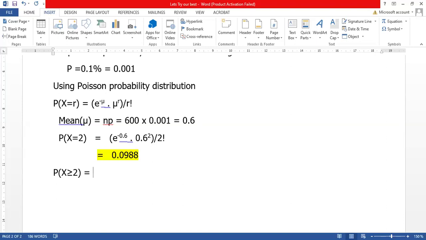Then you subtract that summation from 1, which is the total probability.